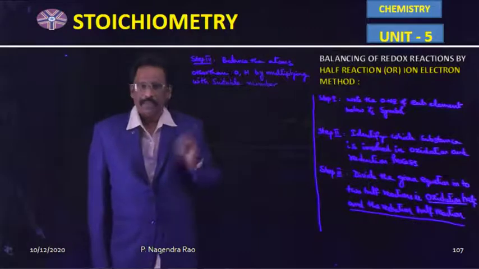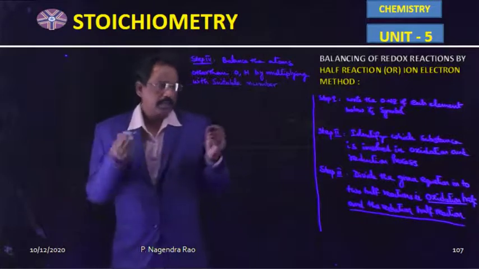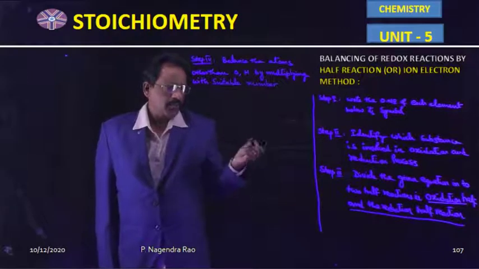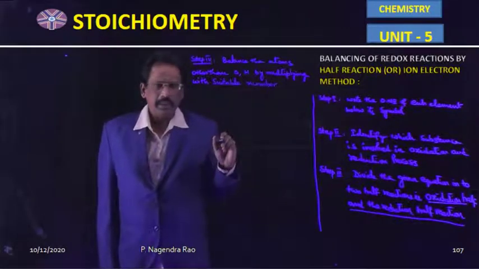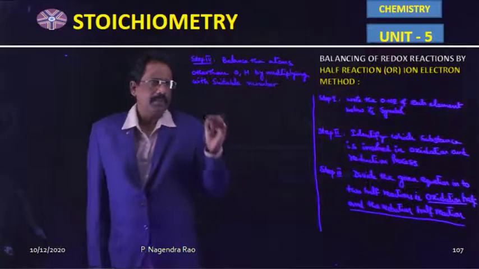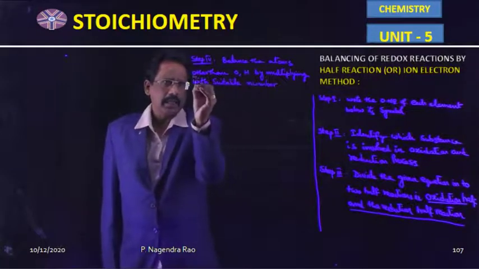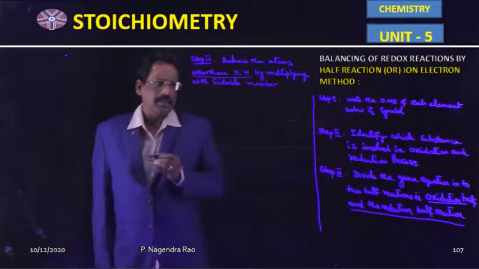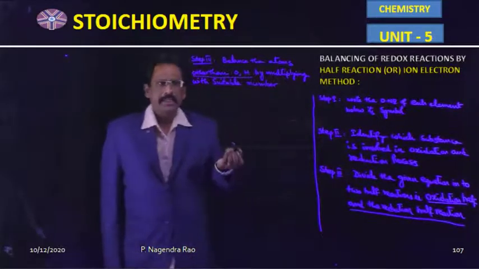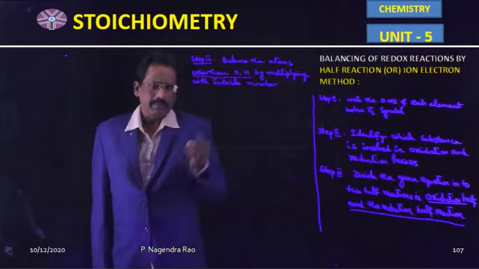Apply this step 4 to the oxidation half reaction and the reduction half reaction. First, balance the atoms other than oxygen and hydrogen by multiplying with a suitable integer or suitable number.